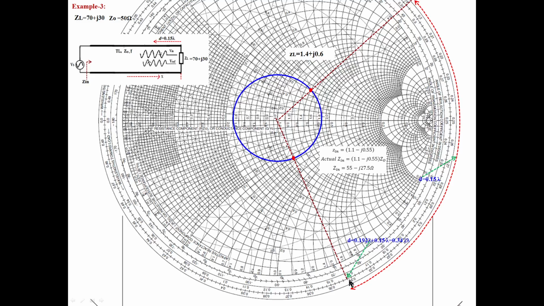You stop here and draw a line. It cuts somewhere here, and you note down the impedance. From here to here the distance is 0.15 lambda.